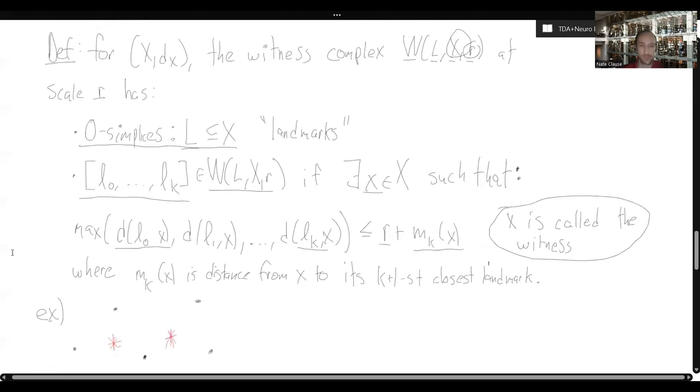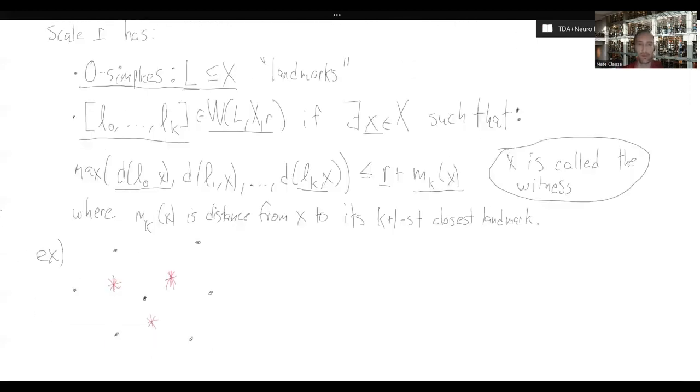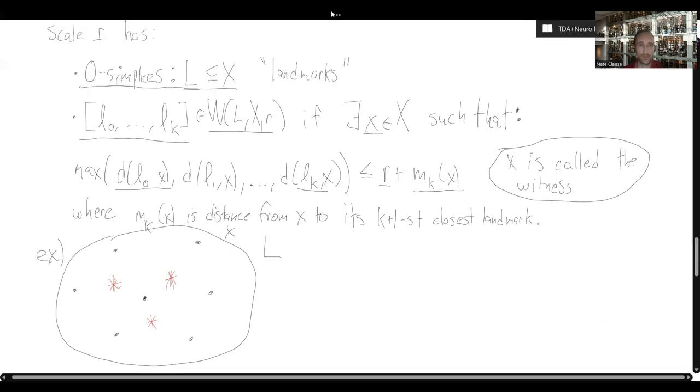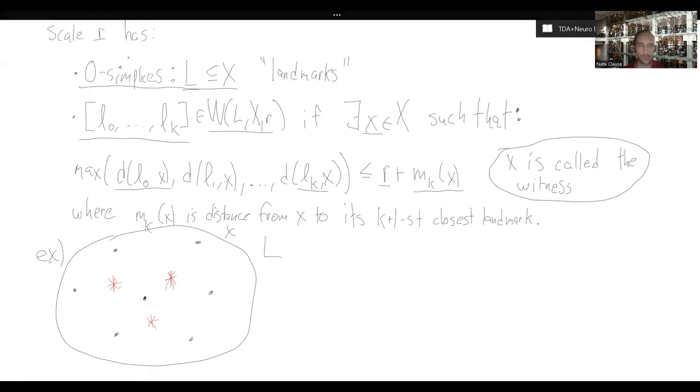Maybe it'll be much clearer if we look at the following example. So suppose we have this collection of points as our set X, and the three points that are asterisks here are our collection of landmarks.